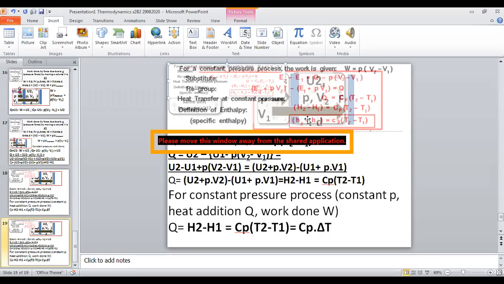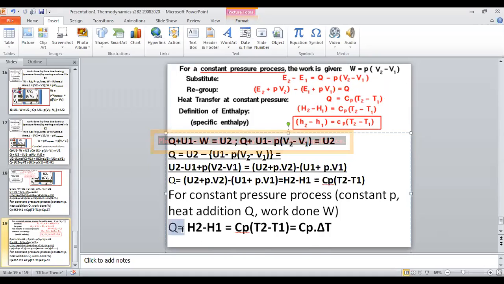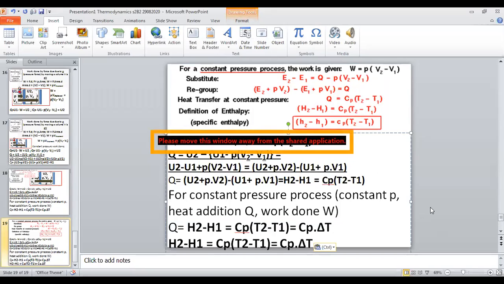See, H2 minus H1 is Cp delta T. Okay, that is Q. So now instead of Q, even without Q, you can write H2 minus H1 is Cp delta T. So I take this part in a constant pressure process. There is a change in enthalpy. H2 minus H1 is Cp delta T.